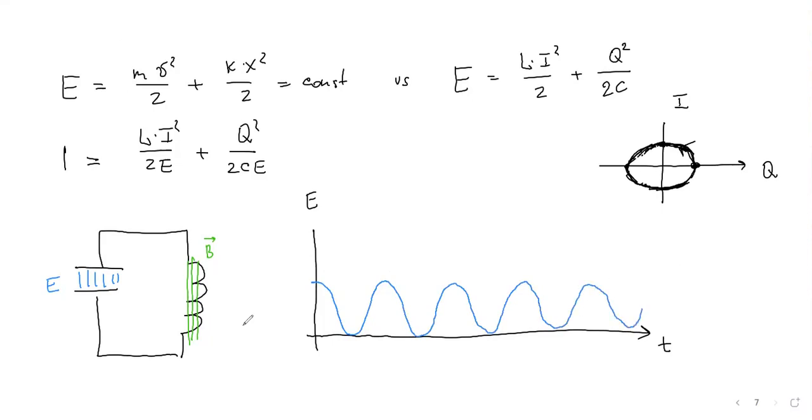And the energy inside the magnetic field will go with a shift. So it will be a sine squared function. Of course, if you add kinetic energy plus potential energy, you'll get just the energy.